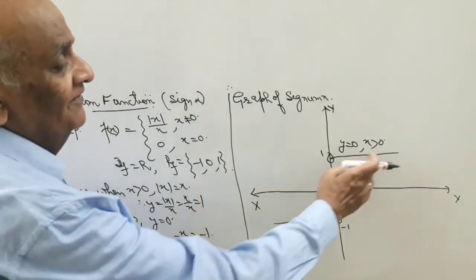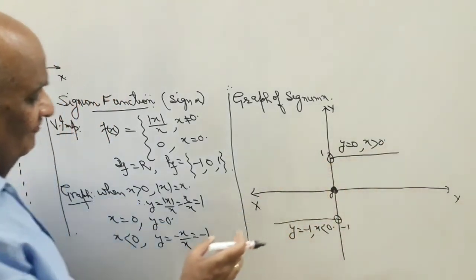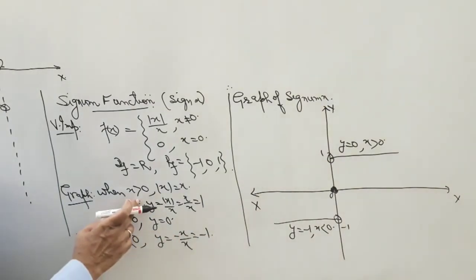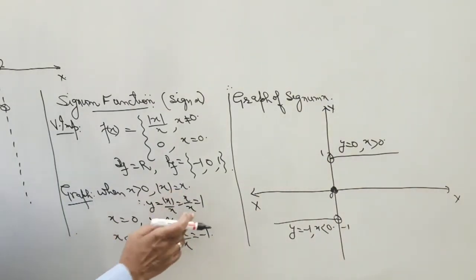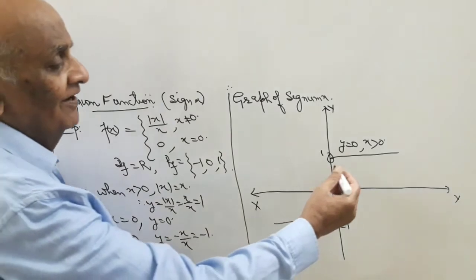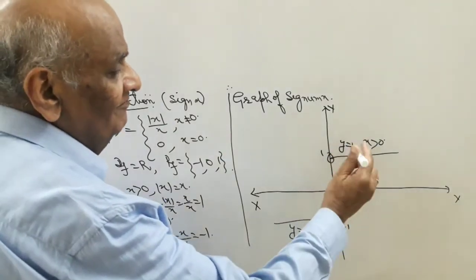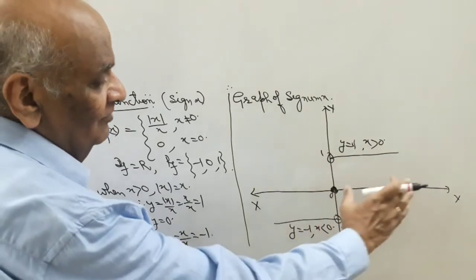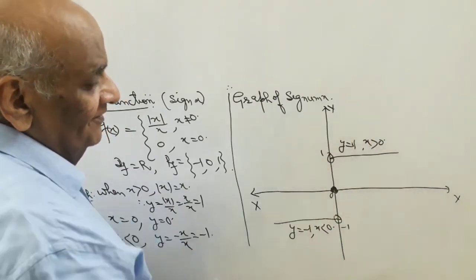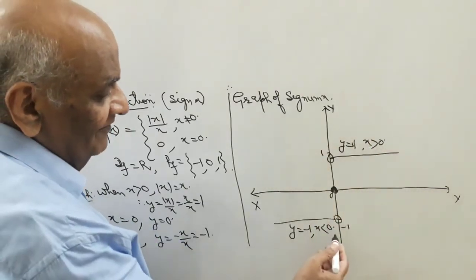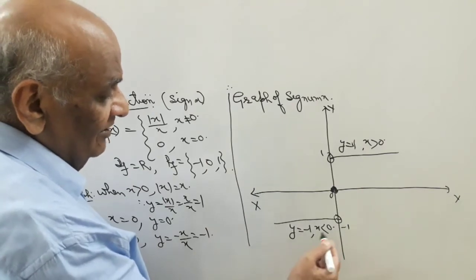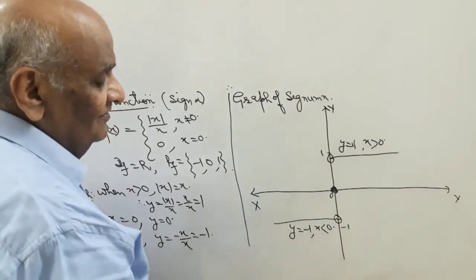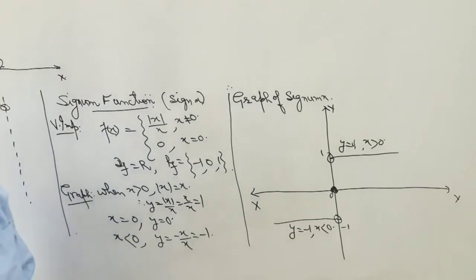When x is greater than 0, y is 1. So I have taken this region, y is equal to 1 is a straight line parallel to the x-axis when x is positive. When x is negative, we have y is equal to minus 1. This is on the left of the y-axis because it is less than 0.